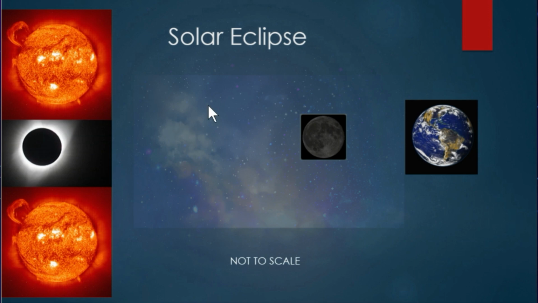But from Earth, we have the moon, and then we have the sun. If you go from the other direction, it's the sun, the moon, and then the earth. So for a solar eclipse, what you need to know is it's the sun, the moon, and then the earth.